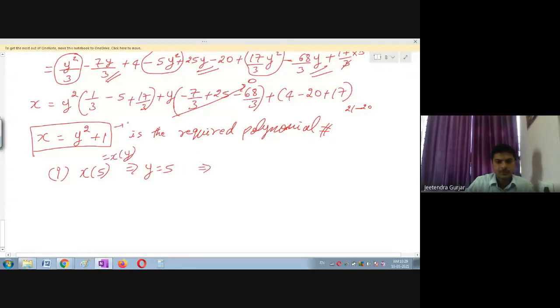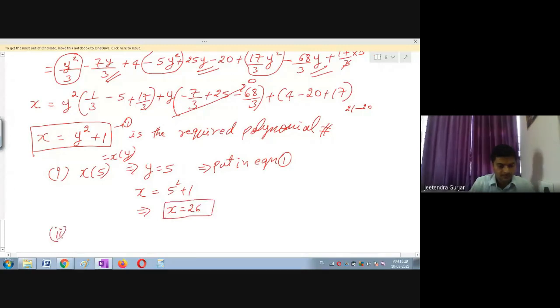I will take this equation 1, put in equation 1. So therefore, we get x is equal to 5 square plus 1. That implies x is equal to 26. Is it clear, students? So this is first case.